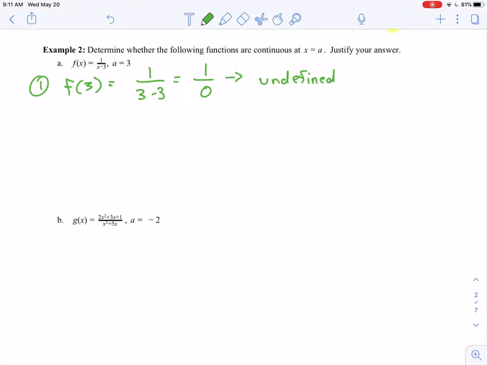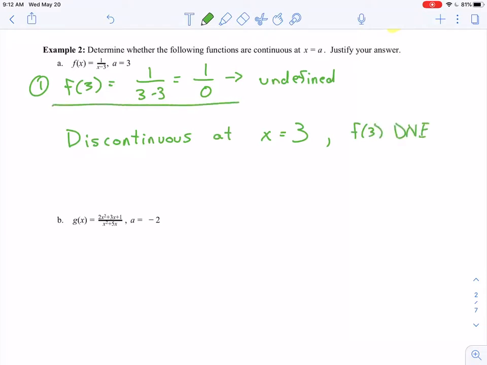So if I wanted to talk about this, because it already failed the first check or criteria, I guess, this is discontinuous at x equals 3. It doesn't matter if we say x equals 3 or a equals 3. Discontinuous at x equals 3, and the reason why here, f of 3 does not exist. We've shown that in our work up here. So that's all we need to do.